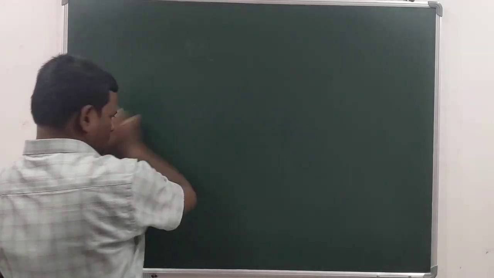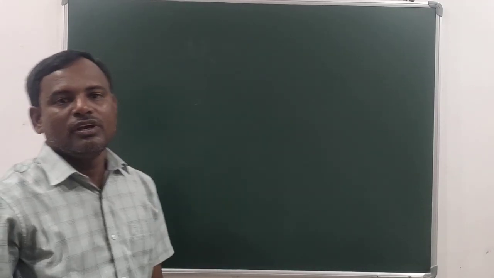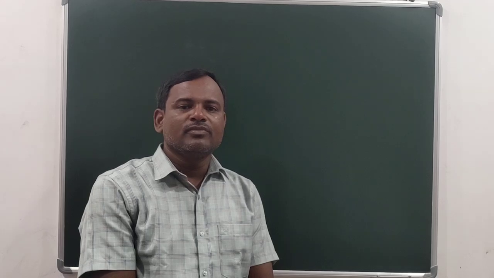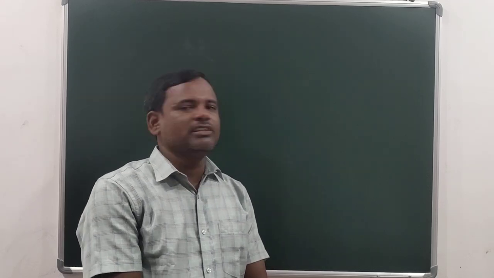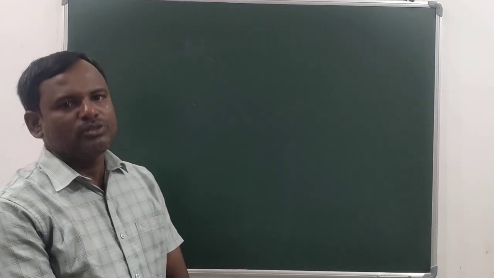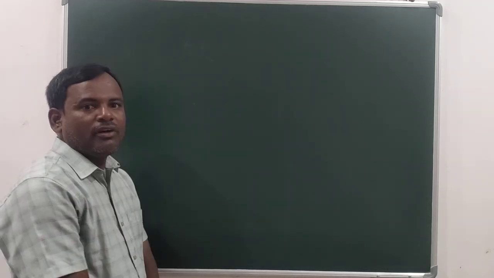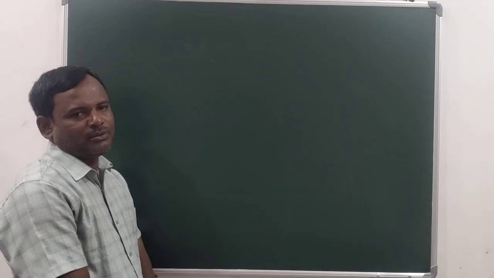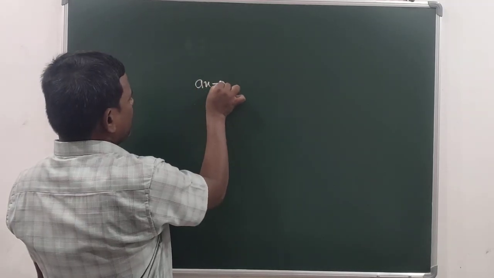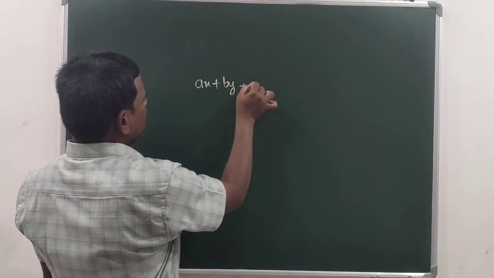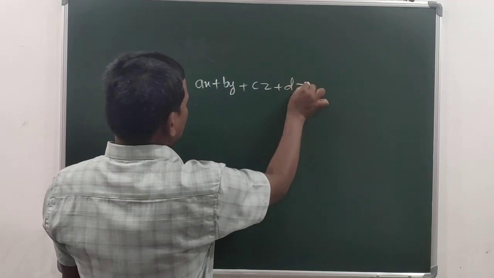Right? See, suppose you would like to find the x-intercept made by the plane, then what do you do? Put y equal to 0, z equal to 0. See here, ax plus by plus cz plus d equal to 0.